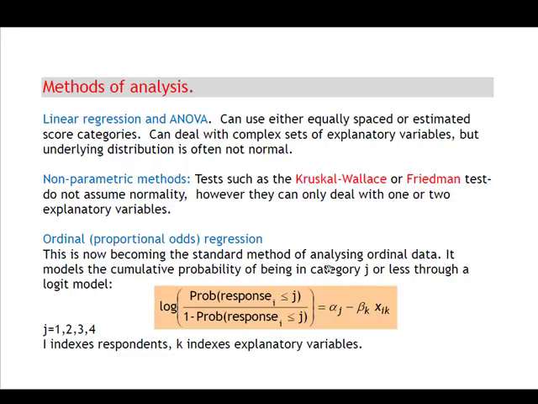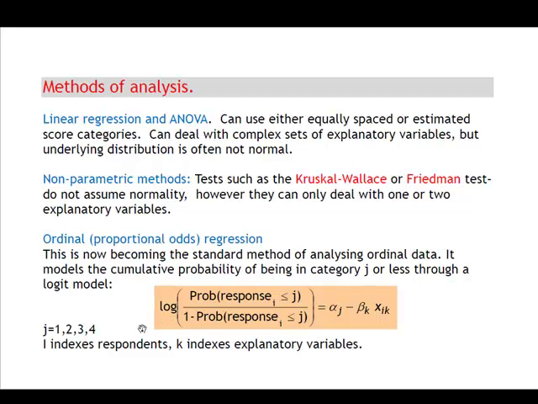And so we have a model whereby we're looking at the probability of being in a particular category or a category lower in score than that category. So you could be in category 3, 2 or 1, or category 2 or 1, or category 1.